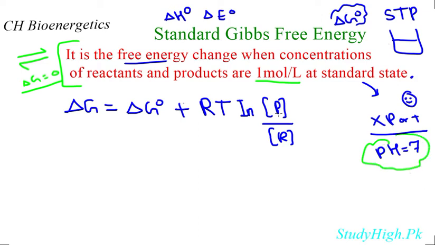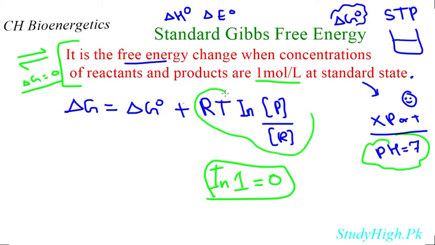So if the concentration of products and reactants becomes 1, then the natural logarithm of 1 is equal to 0, so this whole value will be equal to 0 and delta G will be equal to delta G naught.